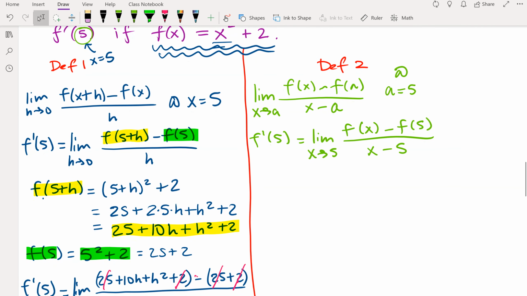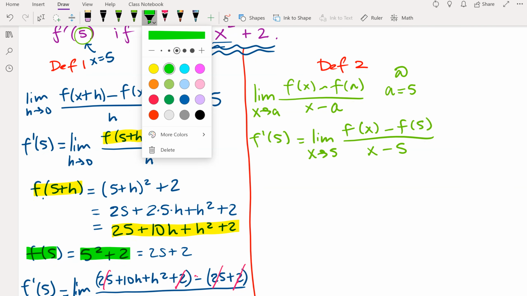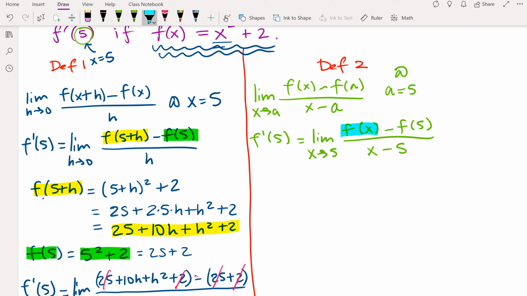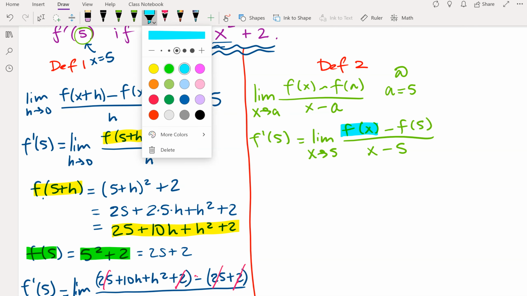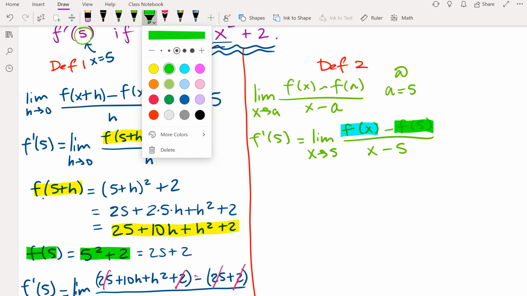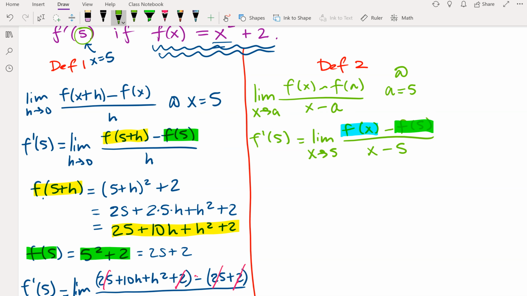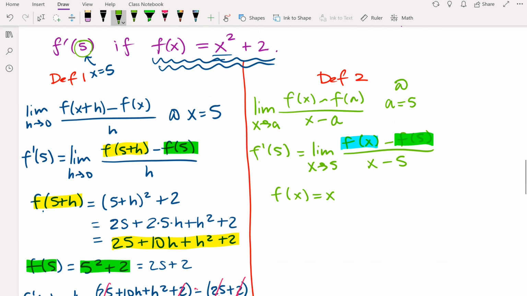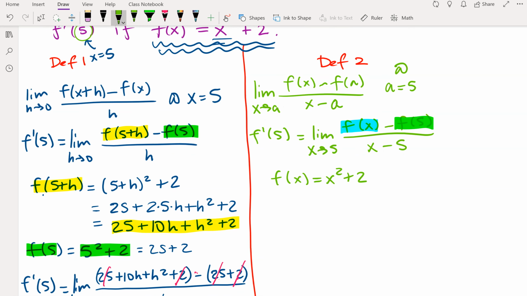Sweet. And we're going to do the same thing. f of x is just your function. And we already found f of 5 in the other example. Sorry, those greens are kind of conflicting. But f of x equals my function, which is x squared plus 2.